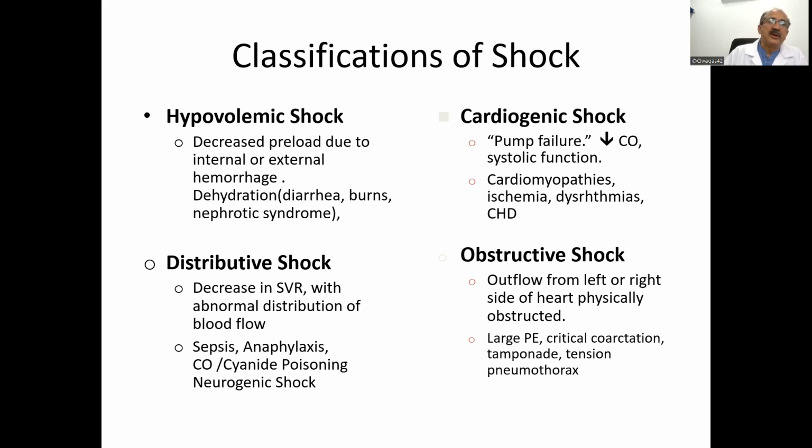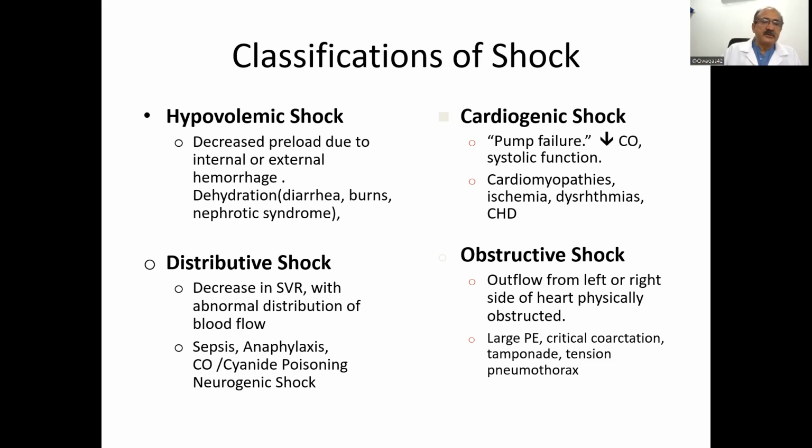This is also called hemorrhagic shock, which we have to explain in detail. Another cause is dehydration, such as burns or nephrotic syndrome, in which we lose fluid. Basically, whether it is bleeding or loss of fluid, this is hypovolemic shock.